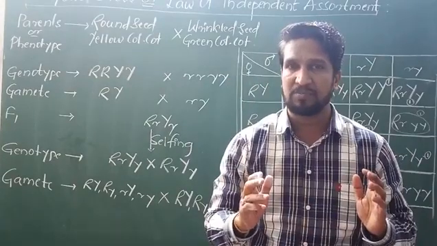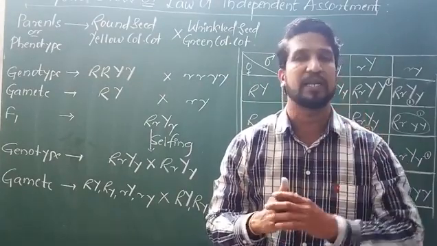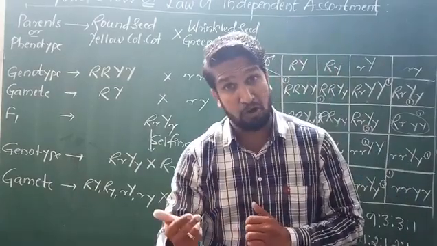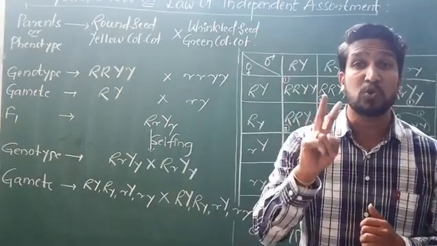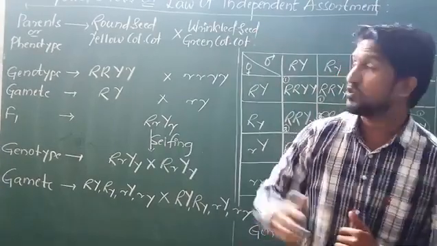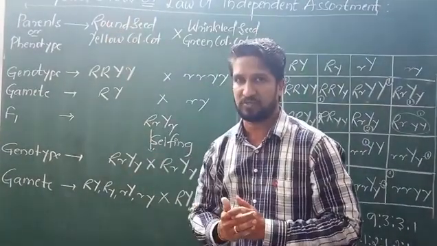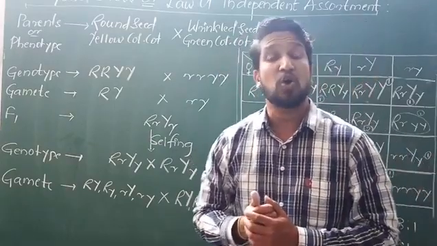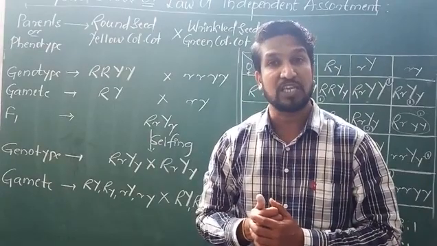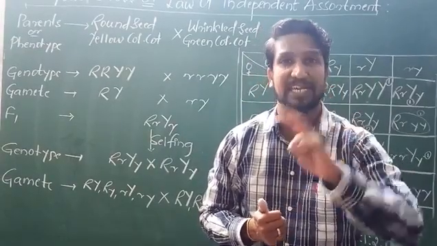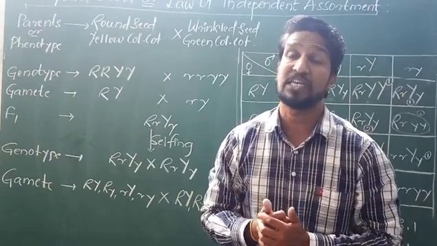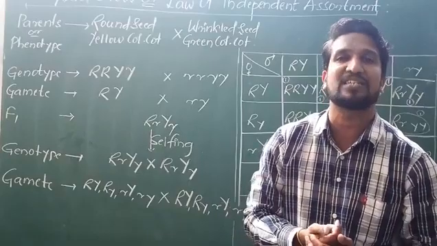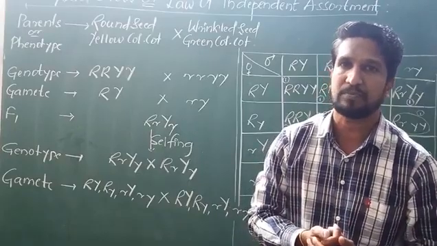And the cross which involves two characteristic features is called a dihybrid cross. That is, an individual organism obtained by crossing with respect to two characteristic features is called a dihybrid cross, and that process is called dihybridization, right?